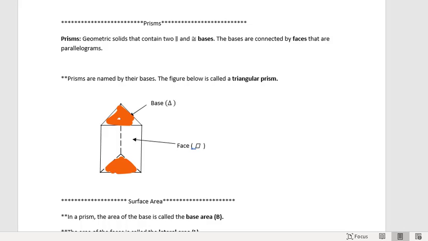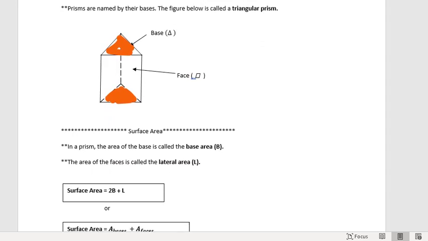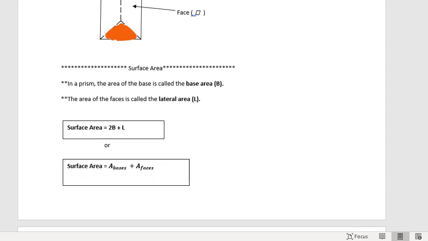All right, the other sides are the faces. All right, to find the surface area, we need to find the area of the base, and we need to find the area of all the faces.